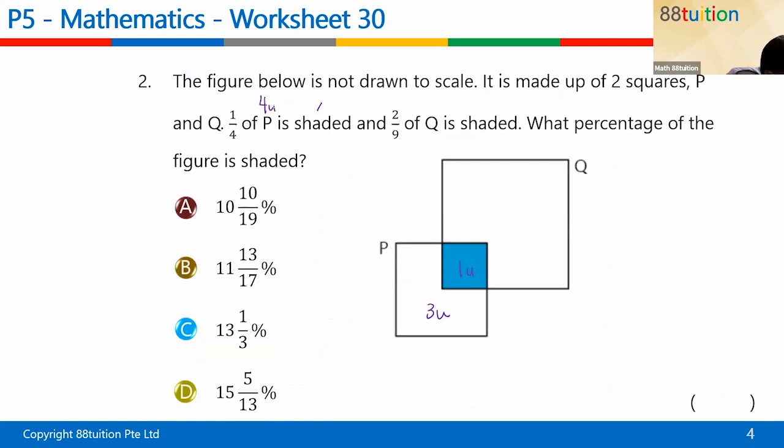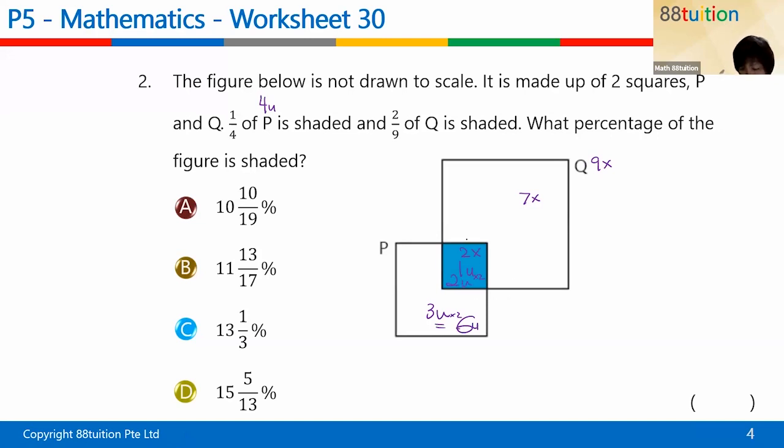Okay, P must be 4 units, and 1 unit is shaded. 2/9 of Q is shaded. So this one will be 2 times and Q will be 9 times, so this is 7 times. So I can convert this to 2 units also. I multiply this by 2, I multiply this by 2, I get 6U and I get 2U.